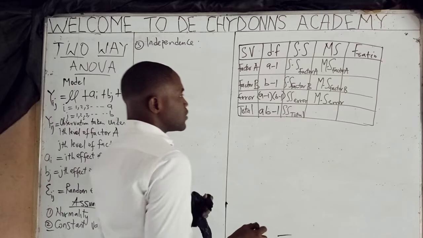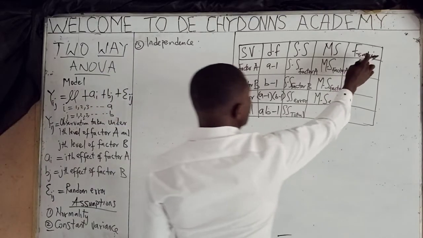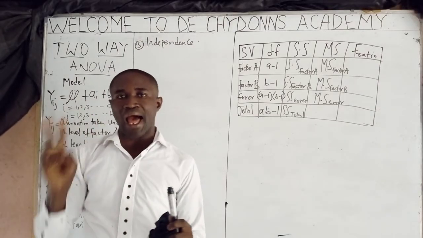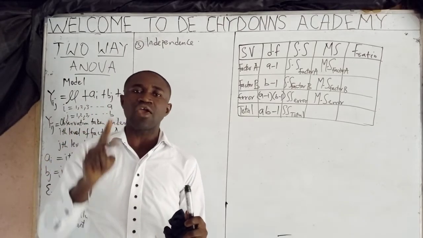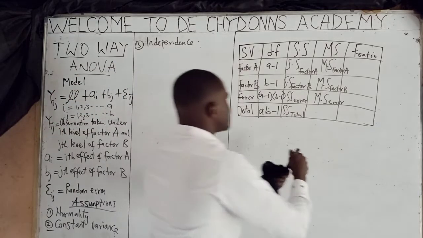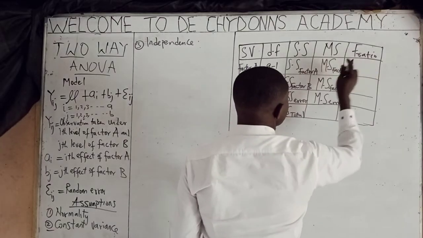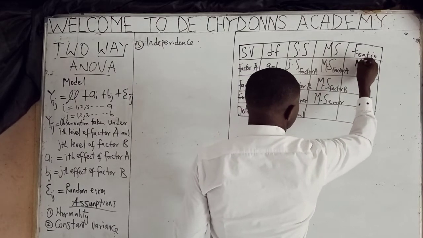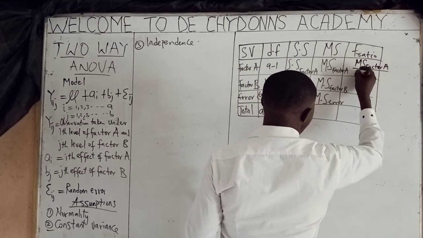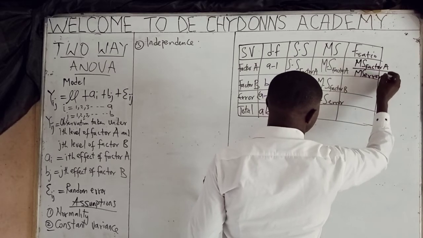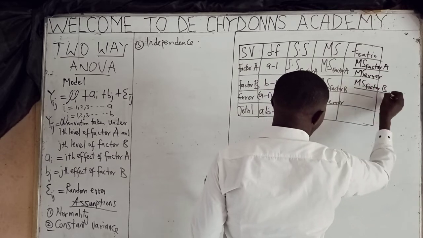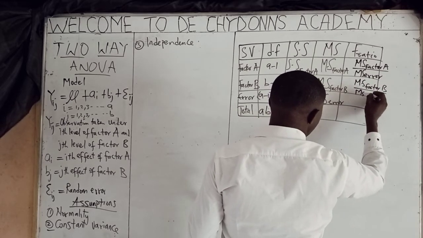Okay? Then, what is the F ratio? Whenever you are discussing two-way ANOVA, from the name, it means that you have two conclusions from your results. So here we say MS factor A over MS error, and MS factor B over MS error.